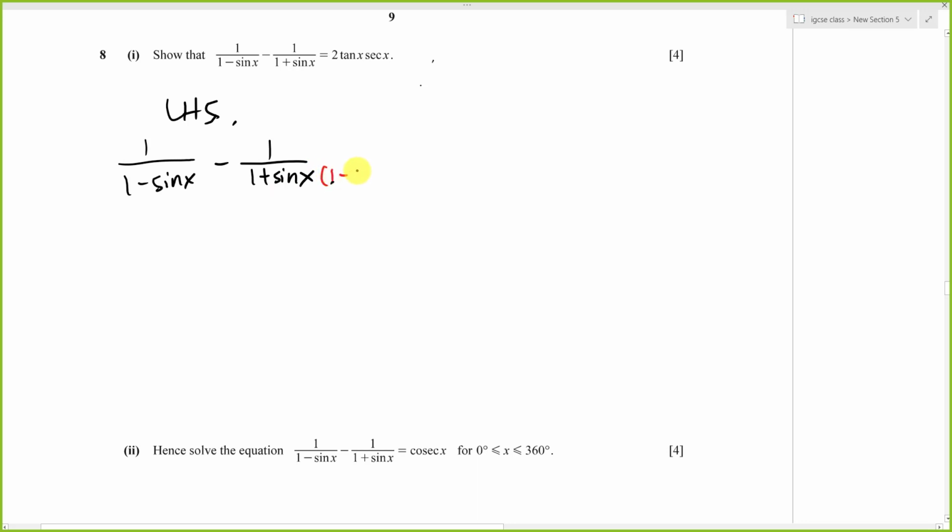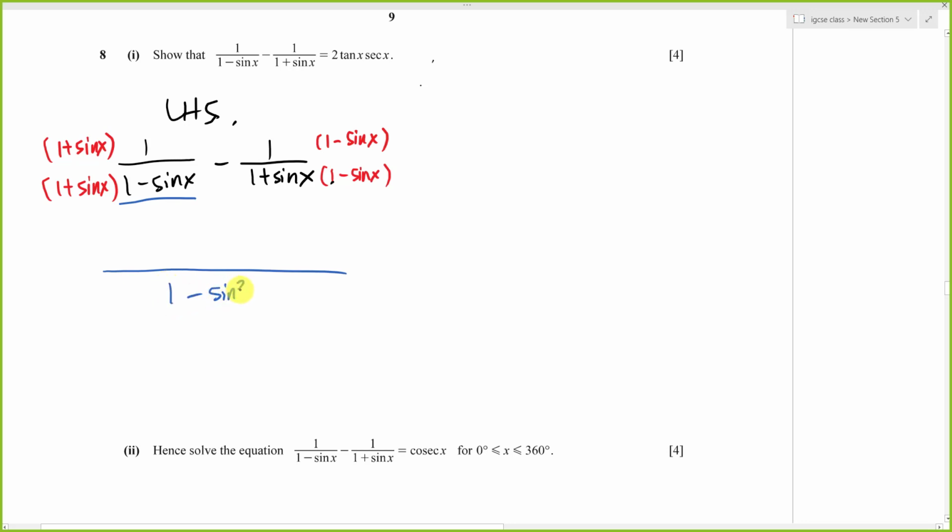So you multiply 1 minus sine x here, 1 minus sine x, and the other one you will do 1 plus sine x and 1 plus sine x. Because why you want to do like that? Because you want to make them have the same denominator. Now the denominator is the same already, right? 1 plus sine x and 1 minus sine x, and a plus b, a minus b, you get a squared minus b squared. So which is 1 minus sine square x.